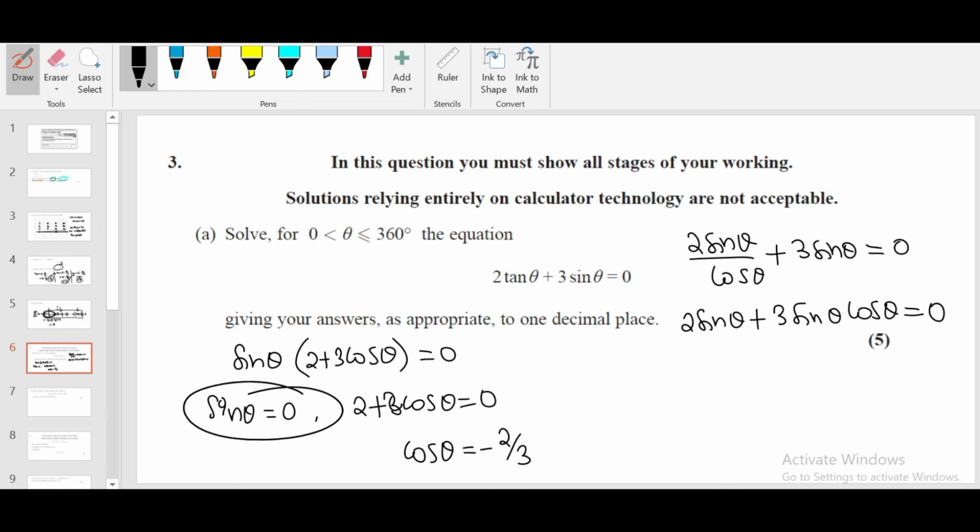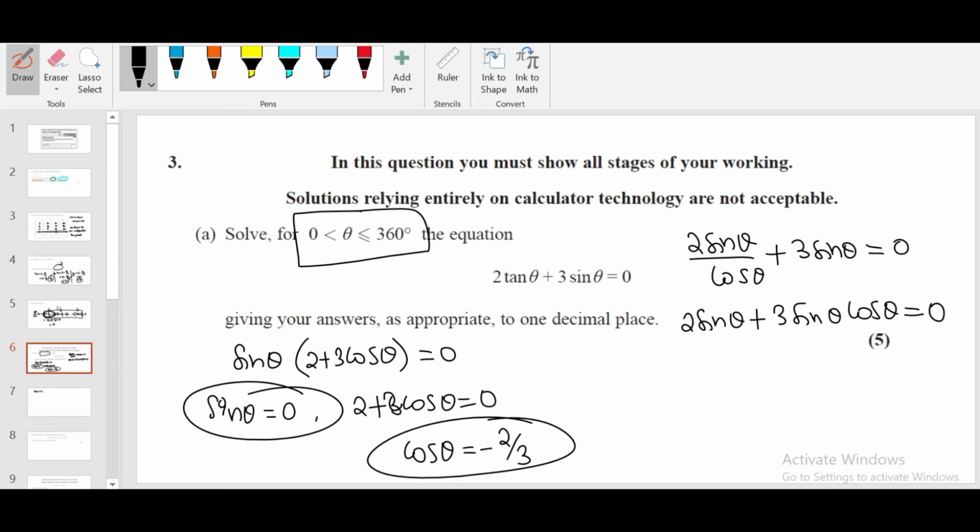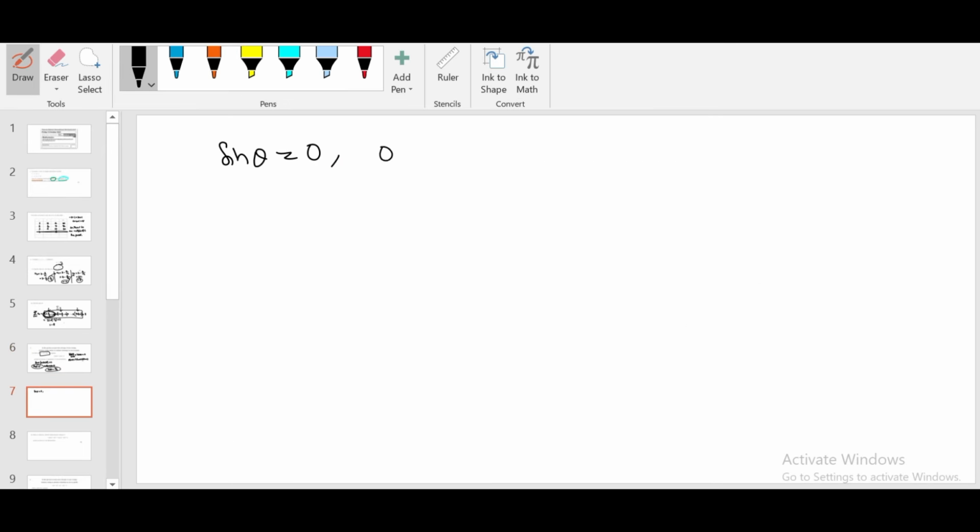You have two trigonometric equations. You need to solve them in this limit. First, let's take sin theta is equal to 0. The limit given is 0 to 360. 0 is not included, 360 is included.